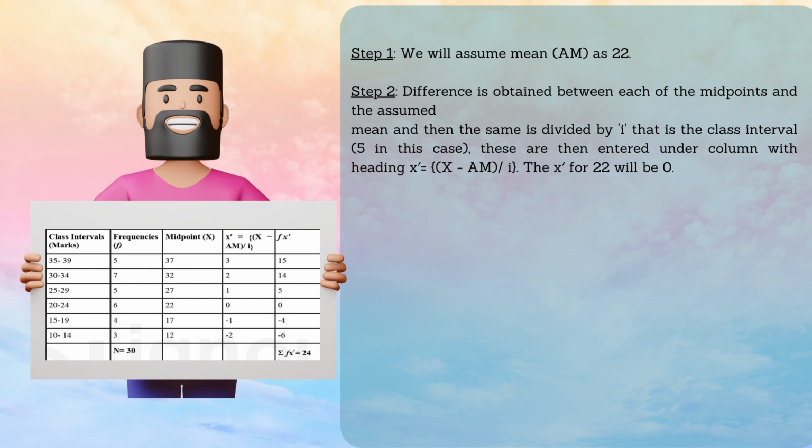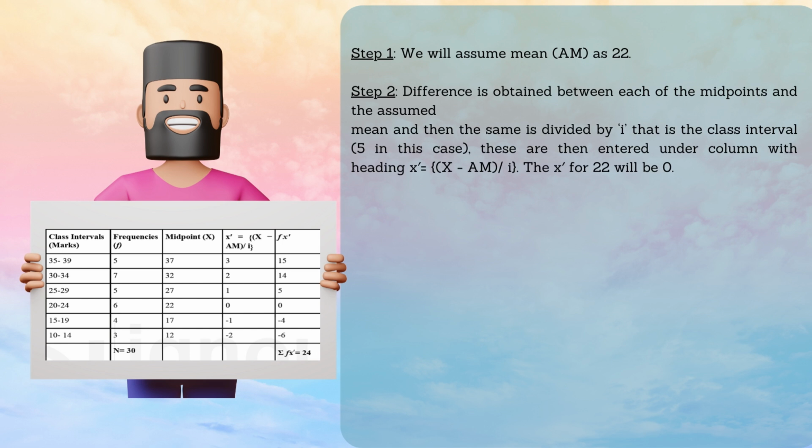The differences between each of the midpoints and the assumed mean are divided by i, which is the class interval, and the class interval we have is 5. These are then entered under the column with the heading x bar, and x bar is nothing but x minus AM divided by i.